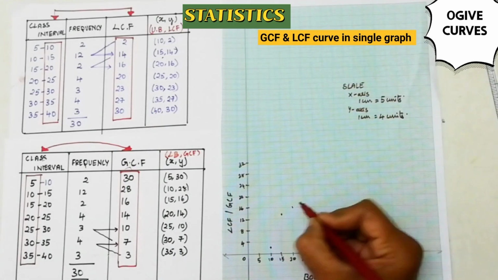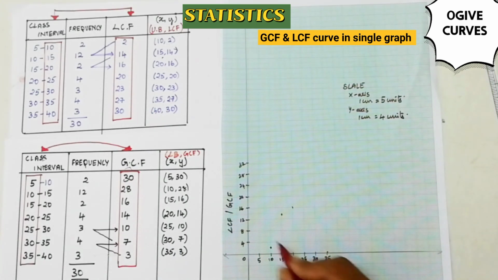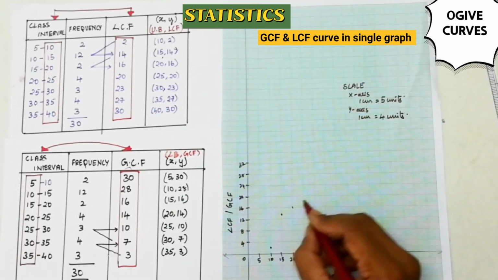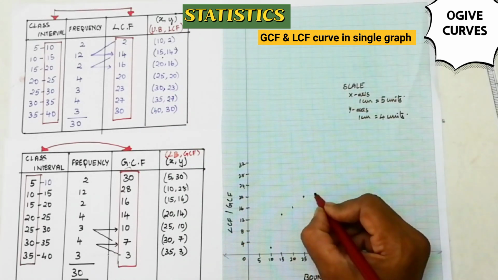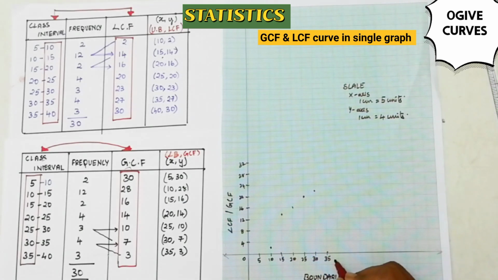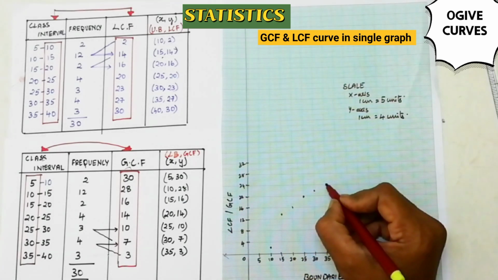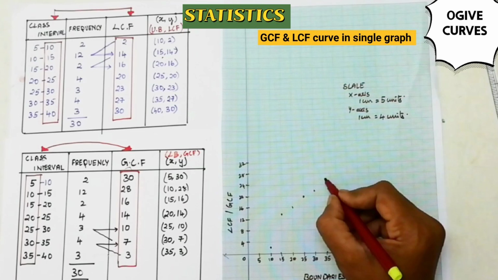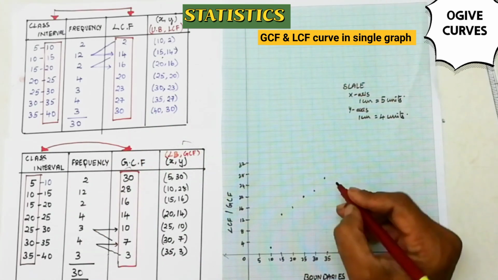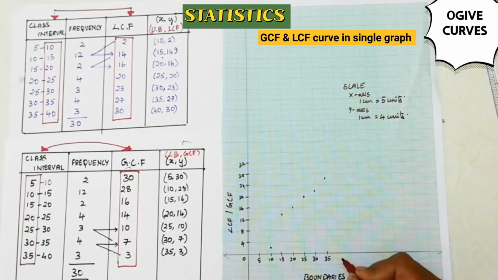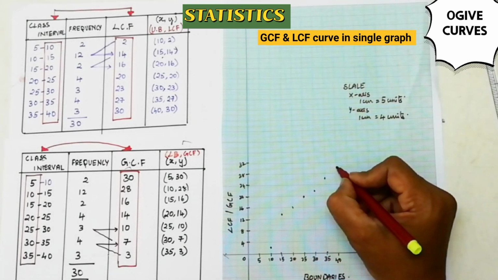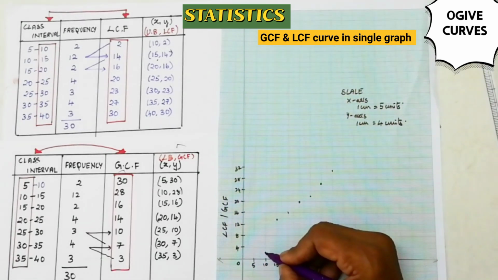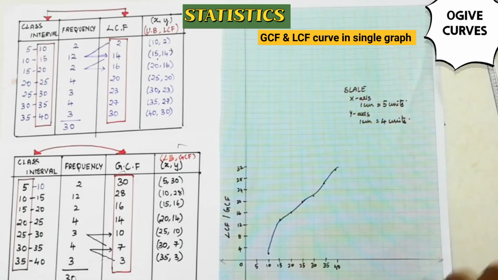Then here comes 25, 20. 30, 23, just above. 35, 27. It comes here. 40, 30. So you can take it as 40 here. 30 is here. Let us join all these points. It's a freehand curve.